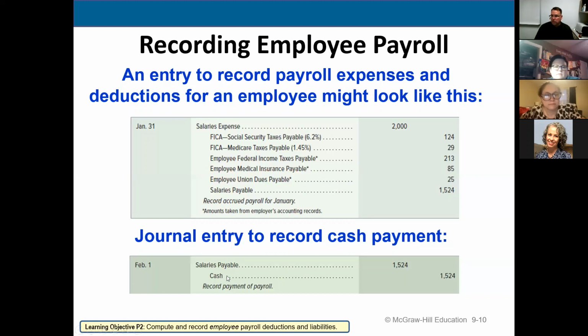Then the other journal entry will be the cash entry. When we pay our payroll, we'll show $1,524 in cash coming out. The remaining $476 will also get paid out in cash when we actually have to write the checks to the federal government, and in this case, the union, for all those things.